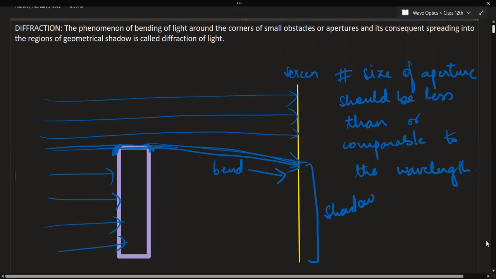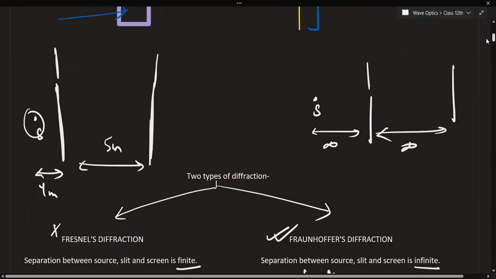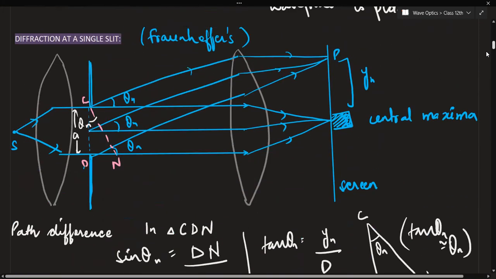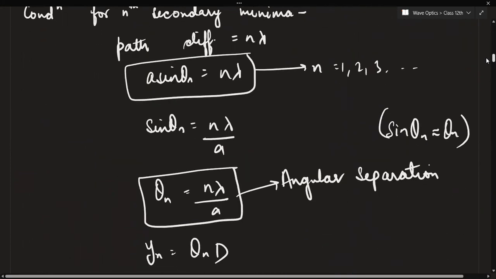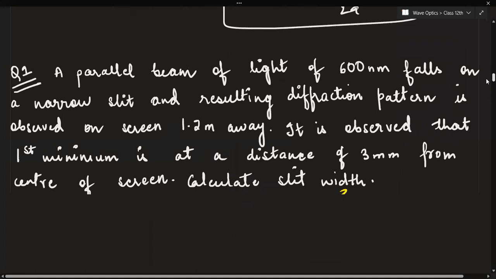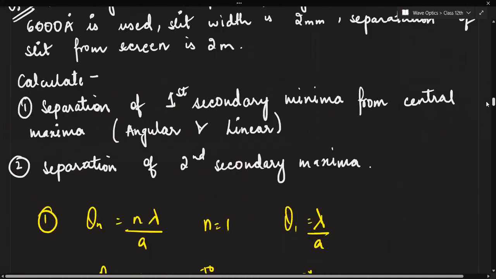Okay, so diffraction was the bending of light. Whenever the light touched small obstacles or apertures or corners, the light bent. So that results in a geometrical shadow. So this is known as diffraction. This derivation we did. For minima, we had found the condition. For maxima, we had found the conditions.